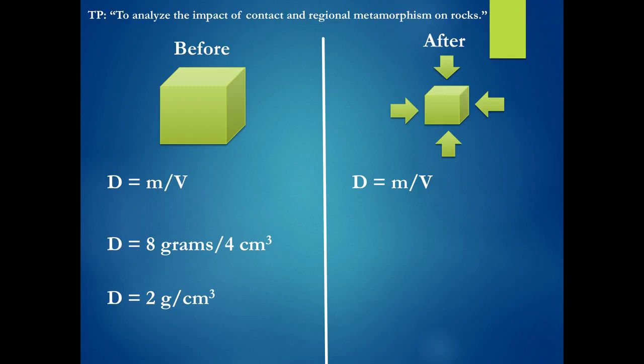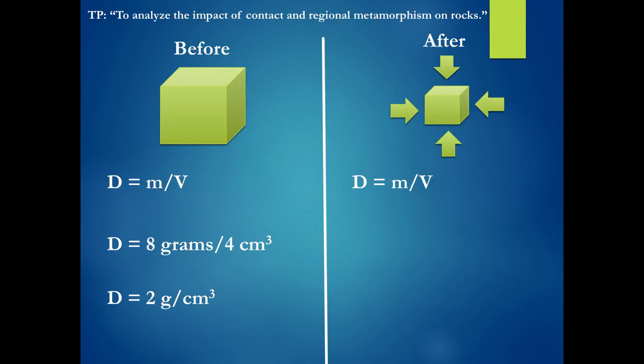Now afterwards, right, we have a lot of pressure going on here. A lot of pressure on all sides, making this box-shaped rock smaller. So let's say that the volume now is cut in half. The original volume was 4 centimeters cubed.